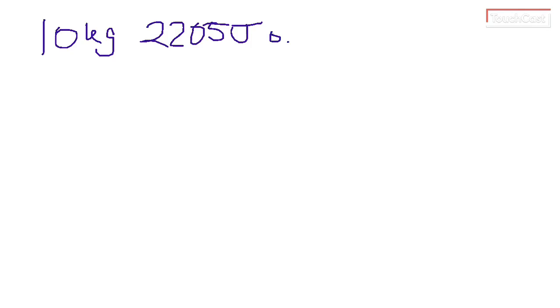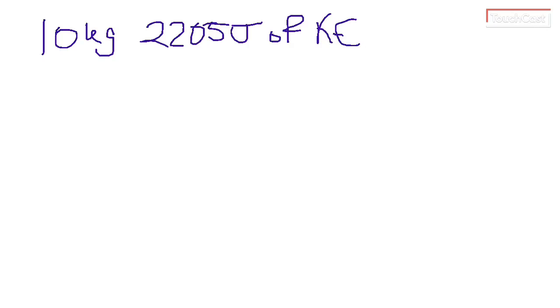Let's say I give you an object that has a mass of 10 kilograms and 2,205 joules of kinetic energy. I think these ones are slightly harder because it's not as clear cut which direction to take.